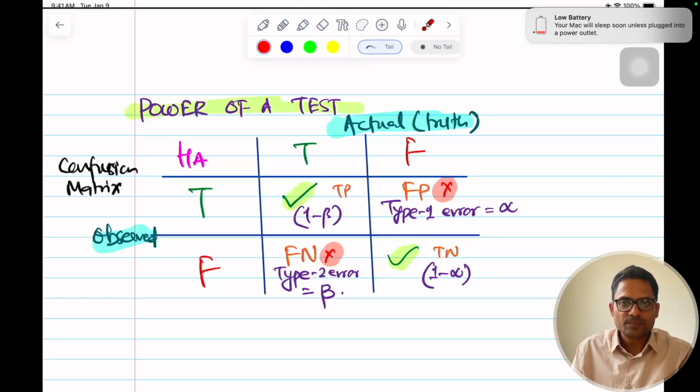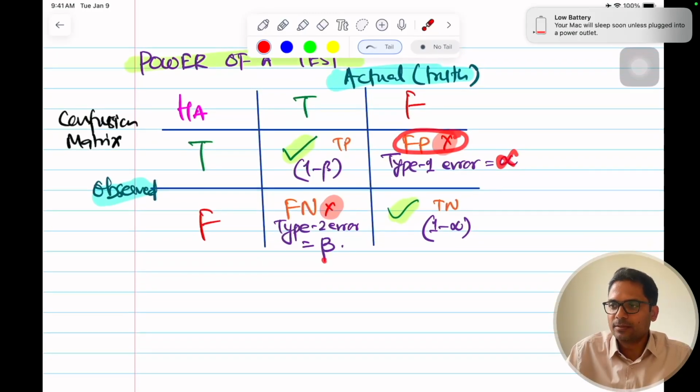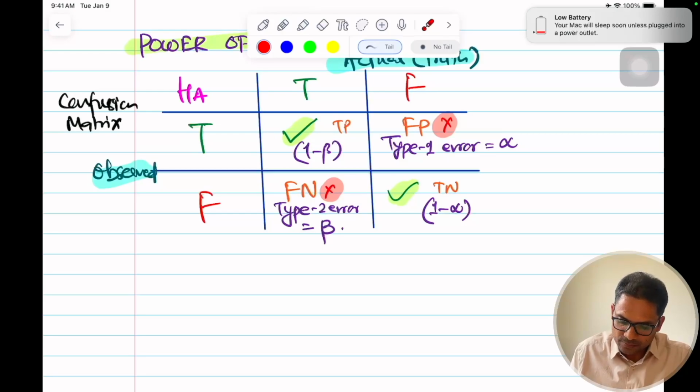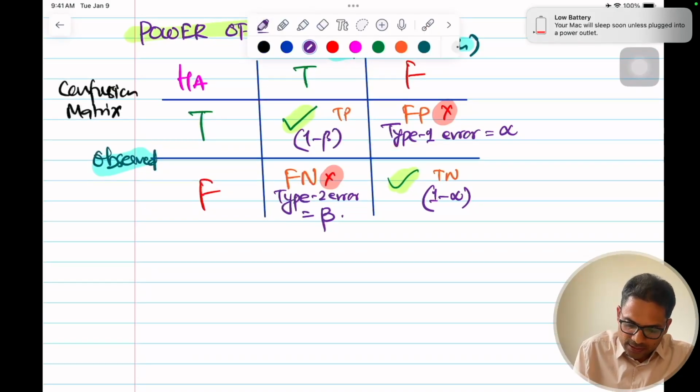Now let's focus on these entries. Type 1 error is alpha, type 2 is beta. So what is the power of test? Power of test is this entry.